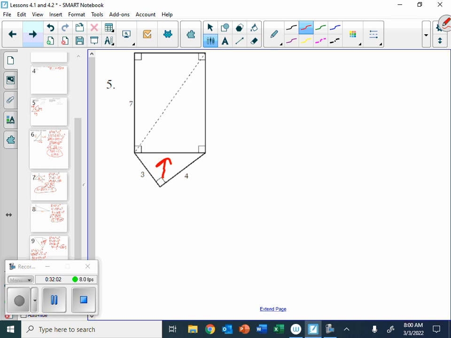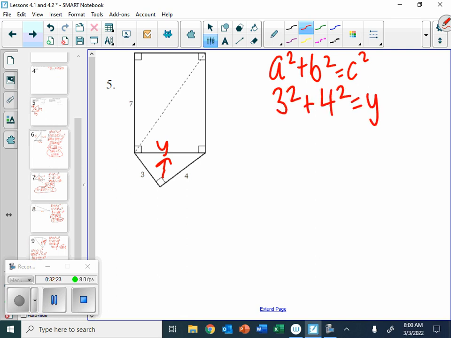So that's going to be what? It's going to be a C. I'm just going to call it Y. Yeah, that's a hypotenuse. So, a squared plus b squared equals c squared. Plug it all in. Say a is 3, b is 4, and my hypotenuse is about y.